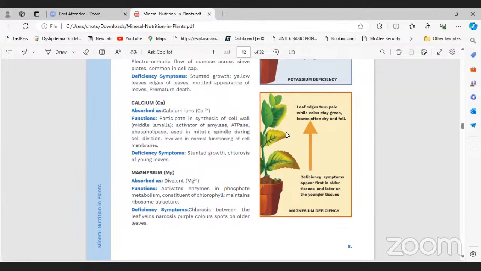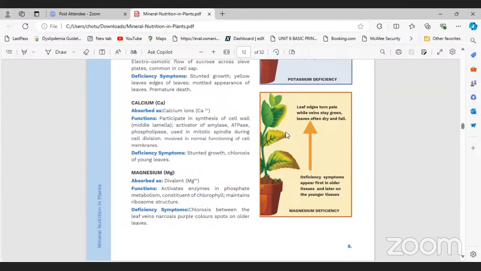Magnesium is intimately associated with phosphorus metabolism and is particularly essential for enzymes involved in the phosphate transfer reactions.